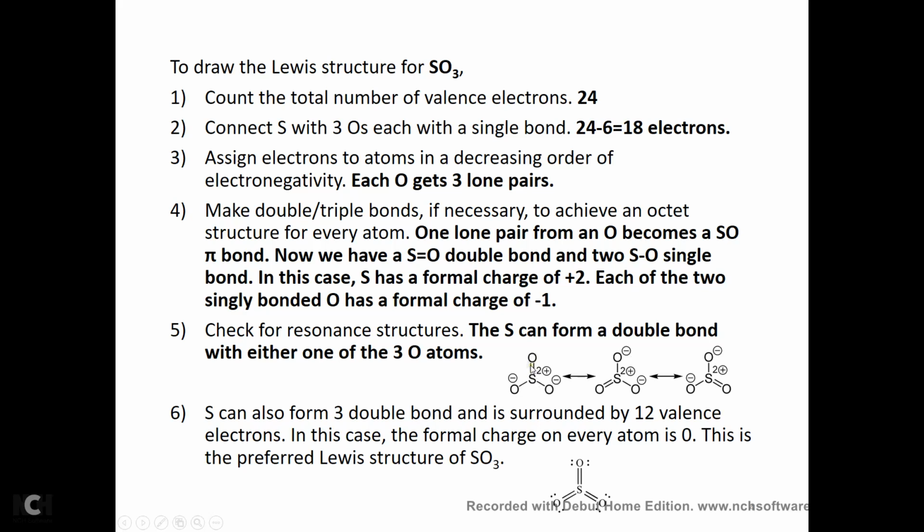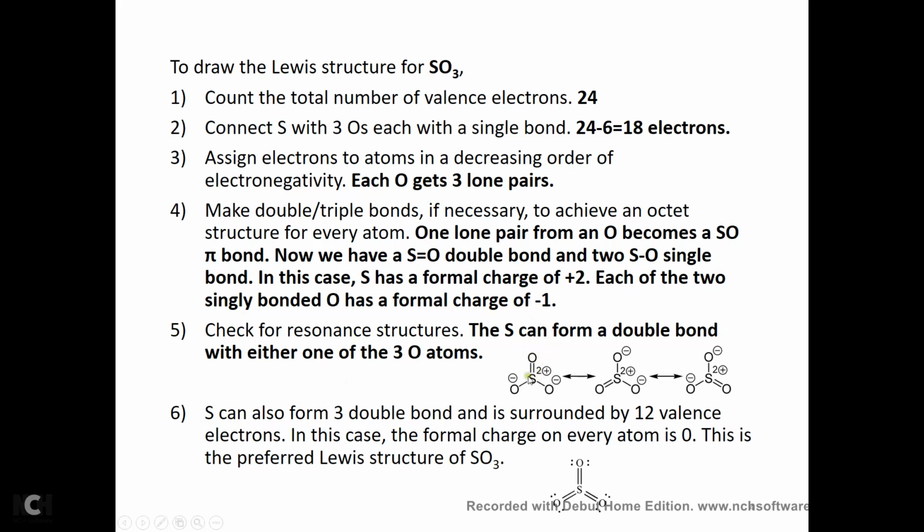So we just assign 2 to oxygen plus the 4 lone pair electrons. We have a total of 6 being assigned to oxygen for the purpose of calculating the formal charge. 6. How many valence electrons does a free oxygen atom have? 6. So the formal charge is 0.